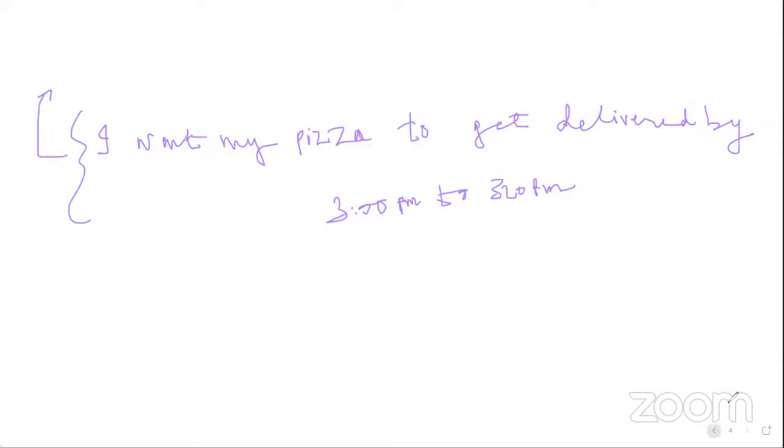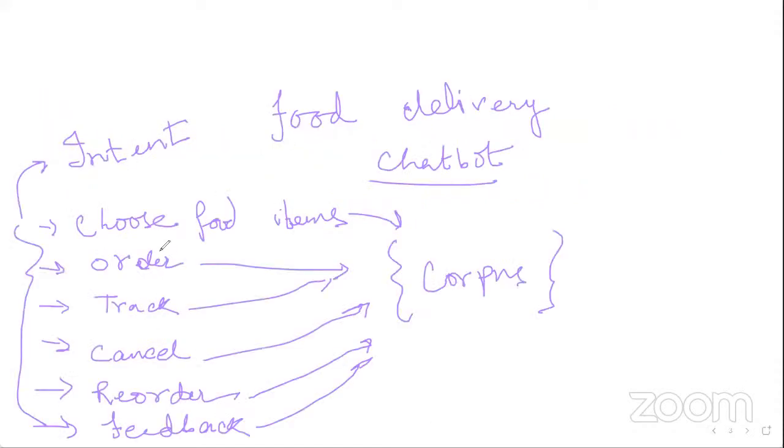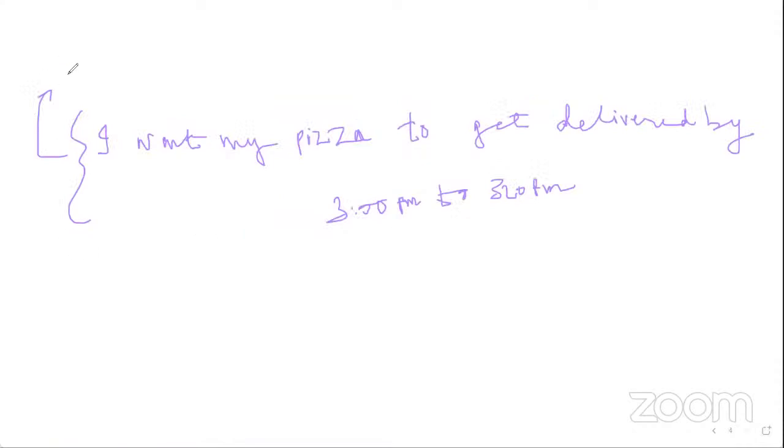Out of these 6 intents, which intent? Track. It's track, correct. So it belongs to the intent called track. My model can now understand, because I have trained it with this set of sentences, that this sentence is from track.